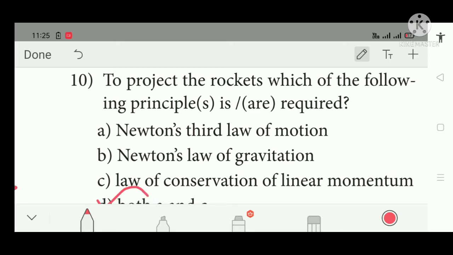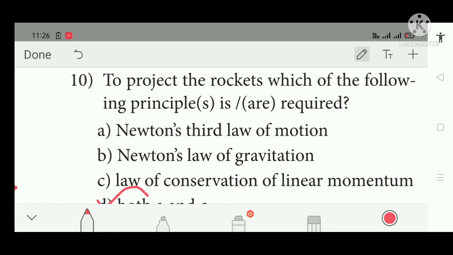because rocket propulsion is based on Newton's third law of motion and also the law of conservation of momentum. When the rocket is fired, the fuel is burned and hot gas is ejected with high speed from the nozzle of the rocket, producing a huge momentum.